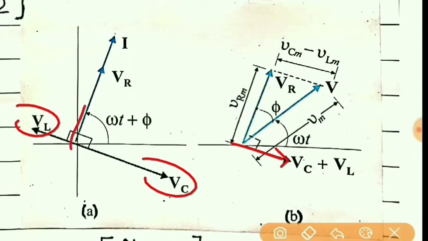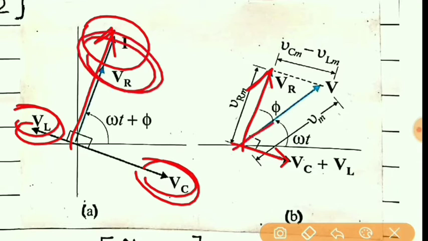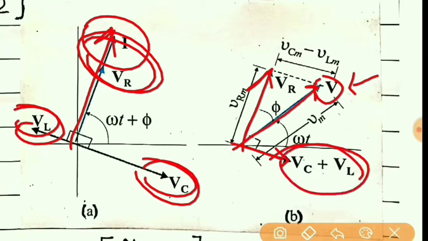Still there is one more, VR, along the line of current. So now the result of all three phasors can be given by this voltage V. This V is the result of this as well as this.